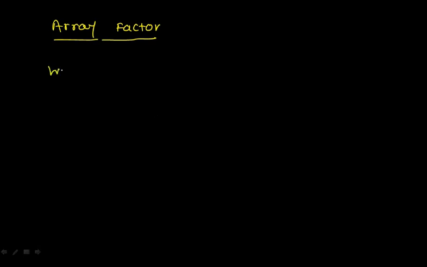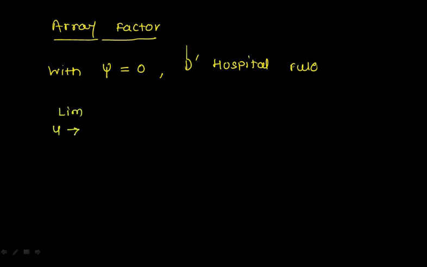With psi equal to 0, I'm going for L'Hospital's rule, where I can analyze the numerator and denominator separately. According to this rule, if your psi tends to 0, you can differentiate your numerator and denominator separately. So limit psi tends to 0 for E, which is nothing but E0.